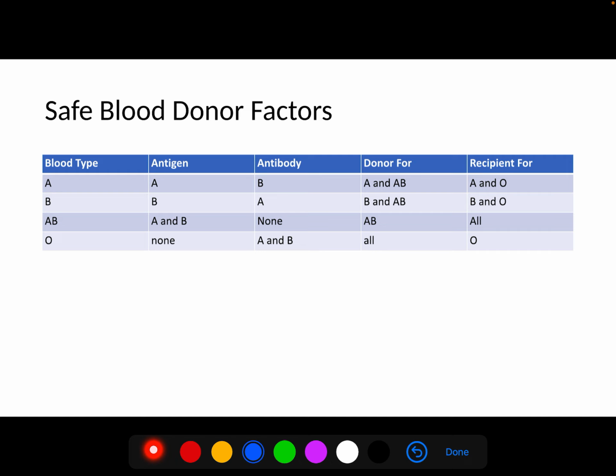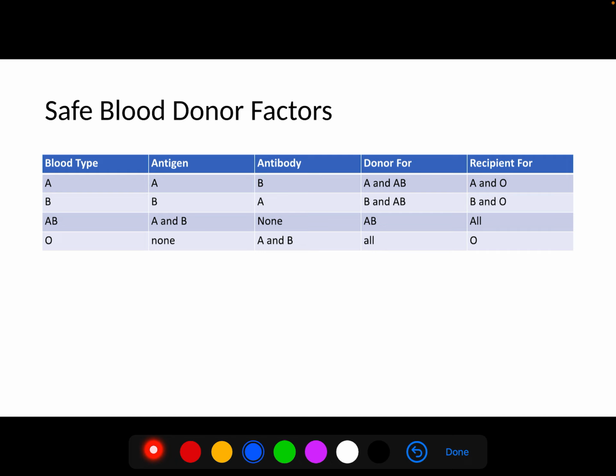So that means that they can donate blood to other people that also have A antigens. So that's going to be type A and type AB. They can only receive blood that does not have B antigens to react with their B antibodies. They can only receive blood from other people that are type A and people that are type O.